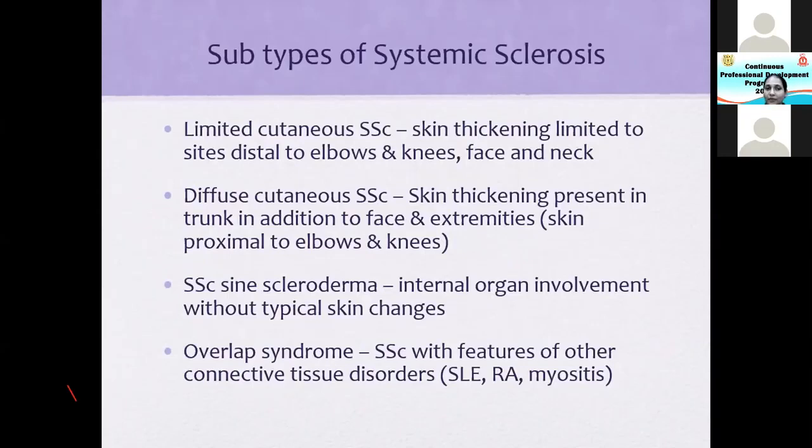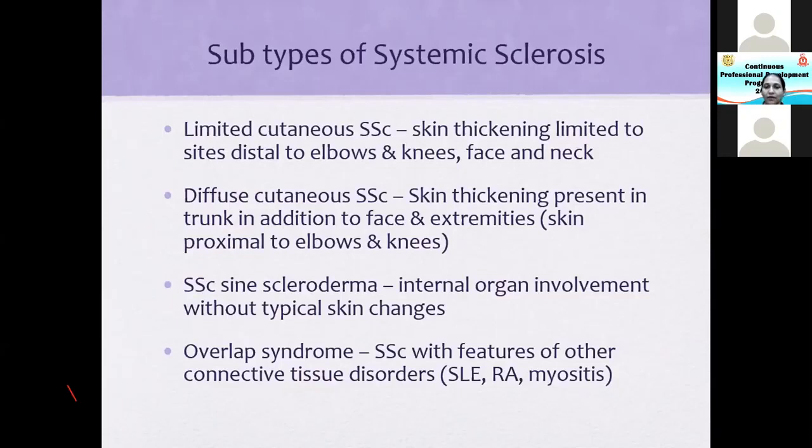So what is limited cutaneous systemic sclerosis? The skin involvement is limited to sites that are distal to elbows in the upper limbs and knees in the lower limbs. At the same time, face and neck can be involved, as opposed to diffuse cutaneous systemic sclerosis, where the skin thickening can be present proximal to the elbows and the knees in the limbs, and also the trunk skin can be involved.